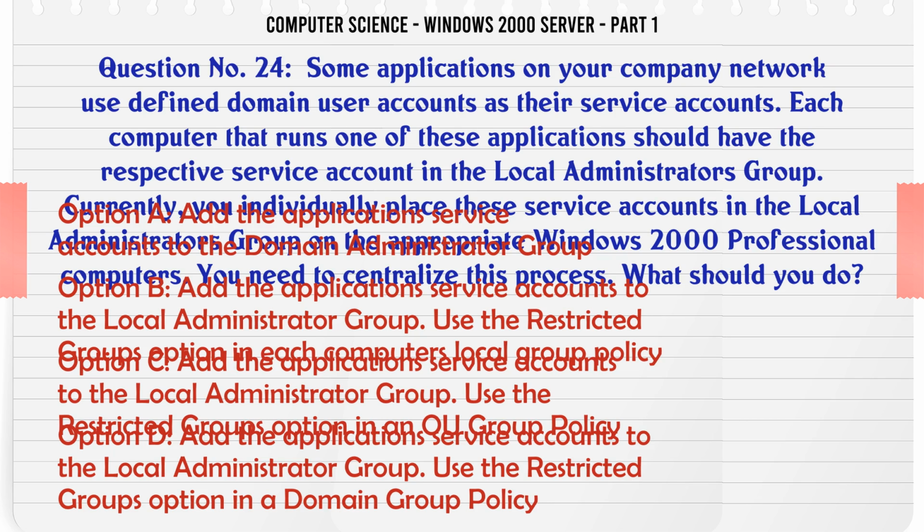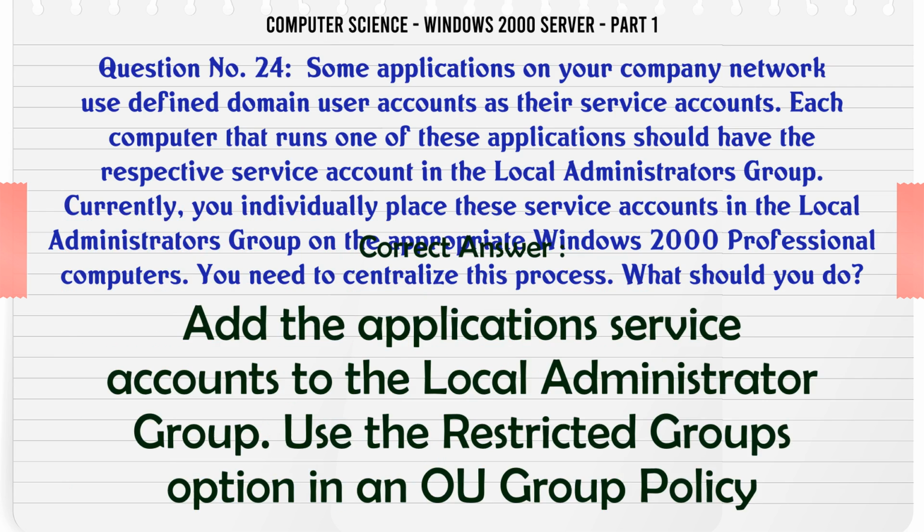D. Add the application's service accounts to the local Administrators group. Use the Restricted Groups option in a domain group policy. The correct answer is: add the application's service accounts to the local Administrators group. Use the Restricted Groups option in an OU group policy.